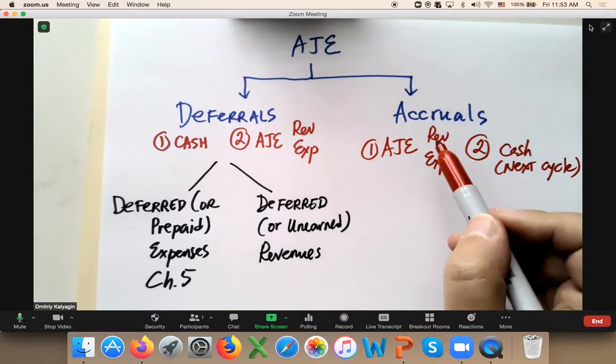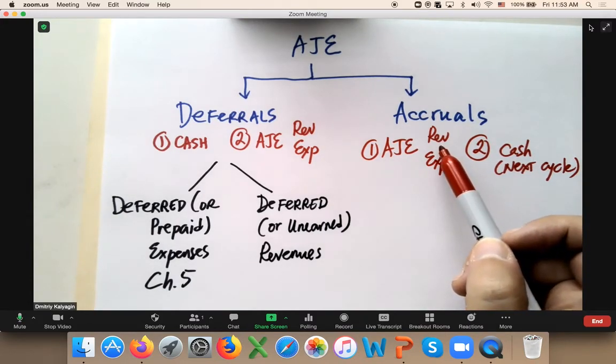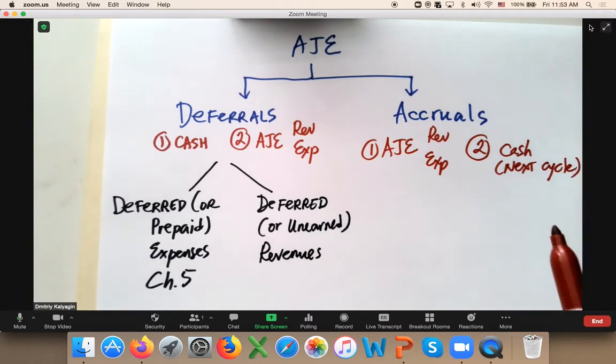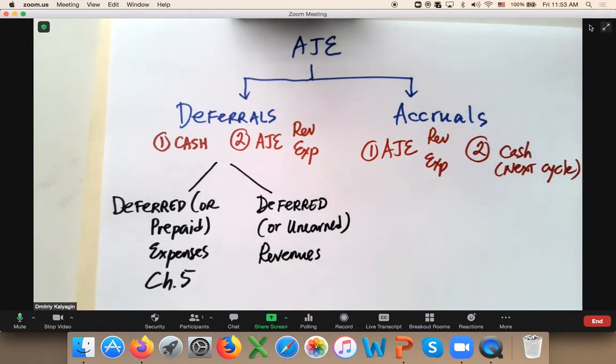So we recognize revenue today, but we will receive cash later, such as accounts receivable. And expenses took place. We have to recognize expenses today, but we will have to pay cash later in the next accounting period.